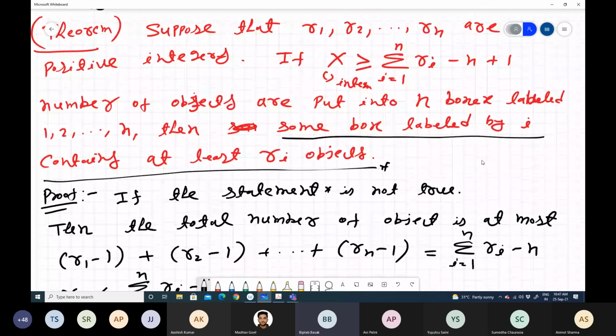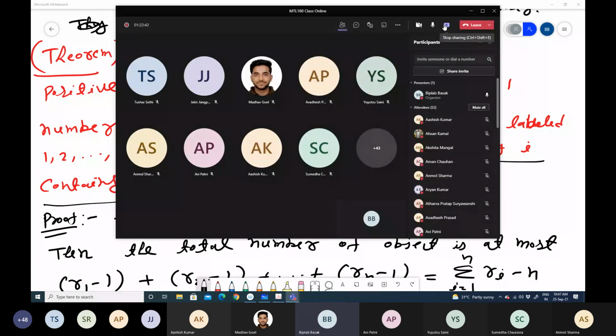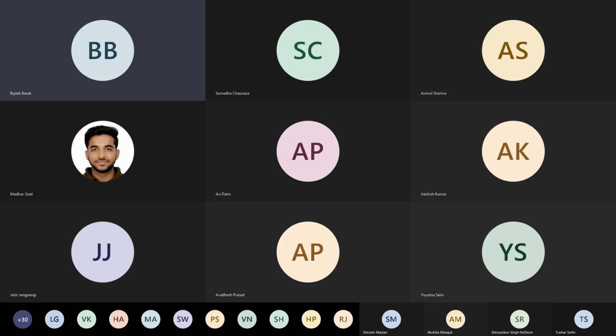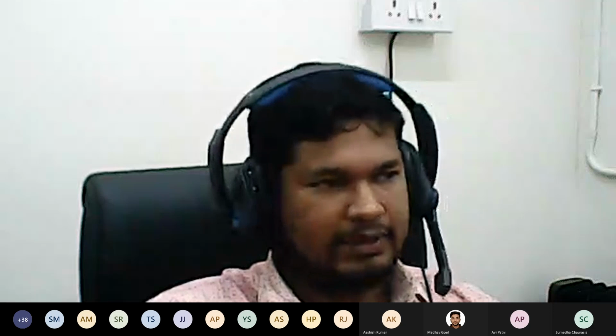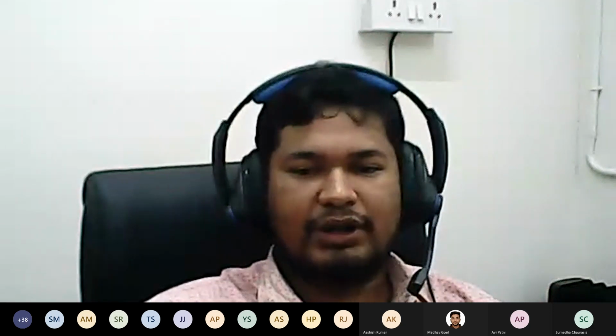So you will find some applications of this pigeonhole principle as well. Now you can try tutorial sheet 6. I have already sent it to you. All the problems you can try, and in the next tutorial your TA will solve these problems. Okay, and I think you know that you will have a quiz on the 11th, that is 11 October, and the syllabus will be only this combinatorics.